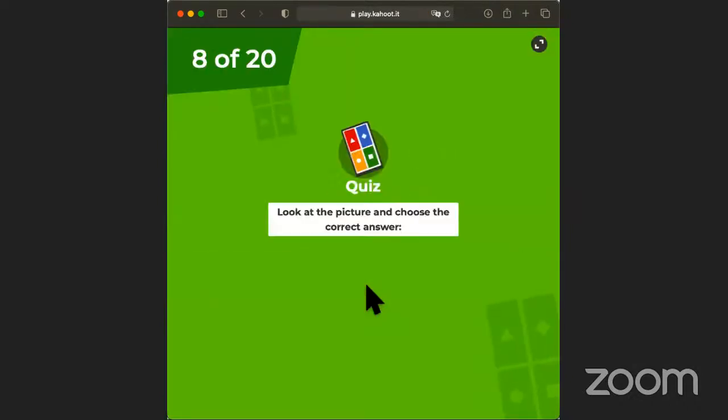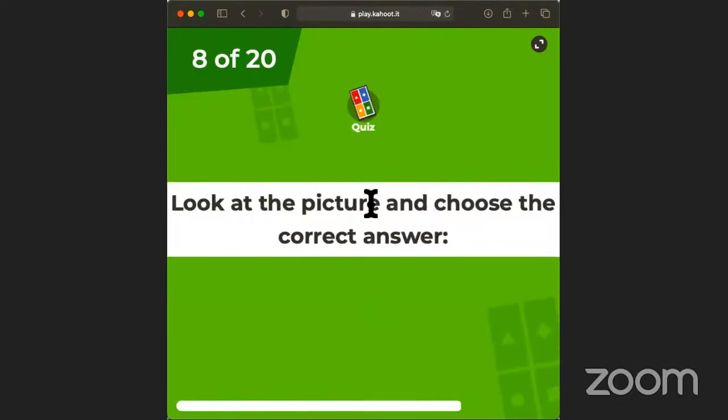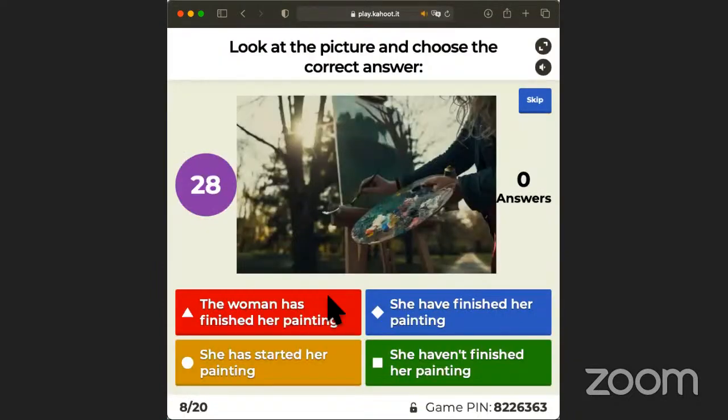Okay, next one. Look at the picture and choose the correct answer. What's going on here? The woman hasn't finished her painting. She had finished her painting. She has started her painting, or she haven't finished her painting.